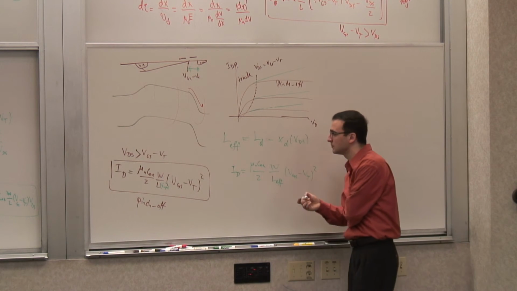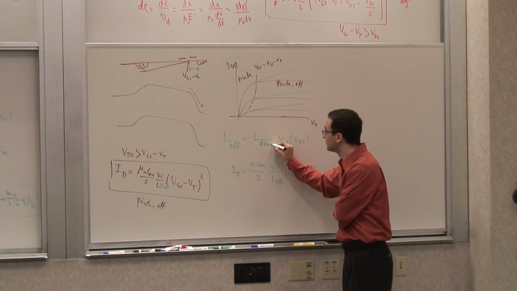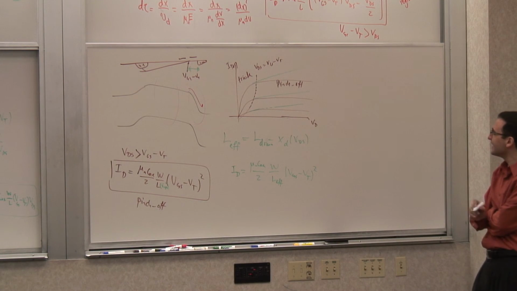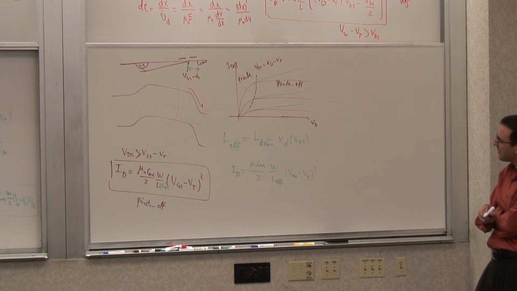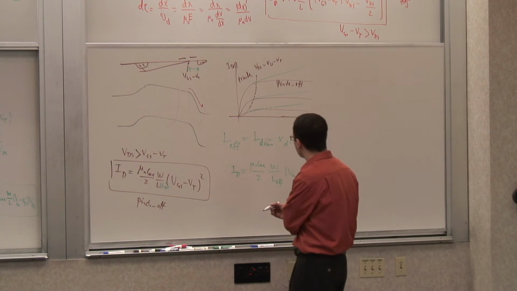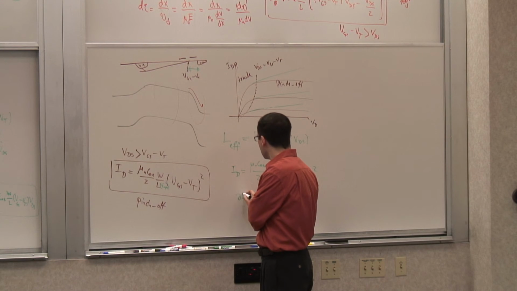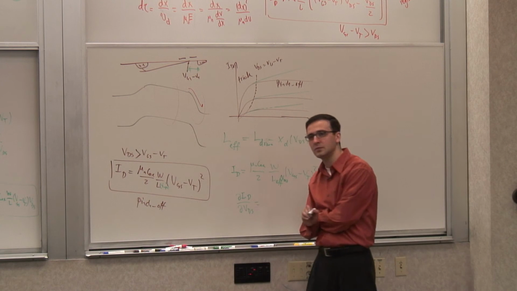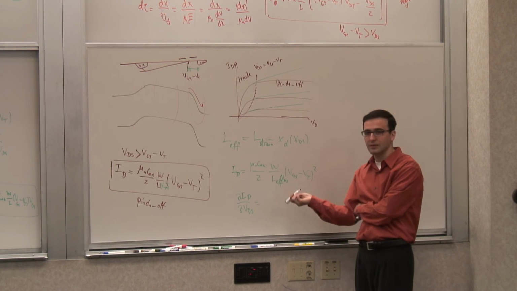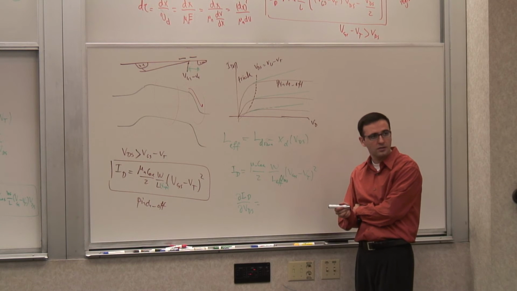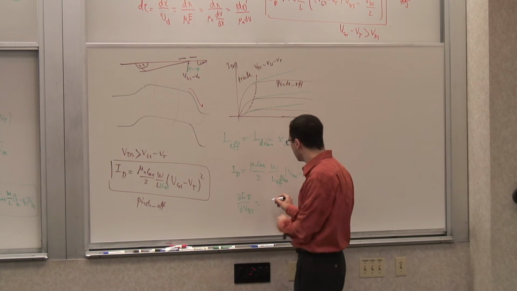L drawn is not. So if that's the case, what can I say about the variations in the current versus VDS? So I know this is a function of VDS. So dID dVDS is going to be what? Well, these other terms are not a function of VDS. The only term that's a function of VDS is this term. Right? So let's differentiate it.